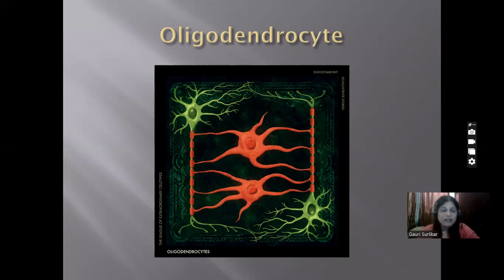So what is the main function of the oligodendrocyte? To secrete myelin sheath around the axons of the central nervous system.